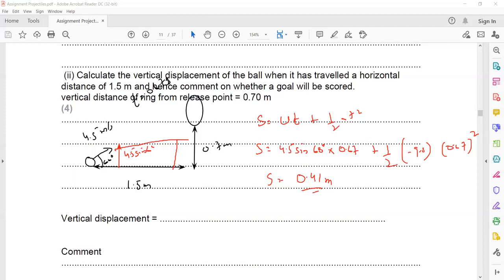So if it is at a height of 0.41 meters, does this ball cross the ring or will it miss the ring? The ring is 0.7 meter above the position where we kick the ball. So because the ball is at a lower height and the ring is at a higher height, it means this ball will miss the ring. Is it clear?